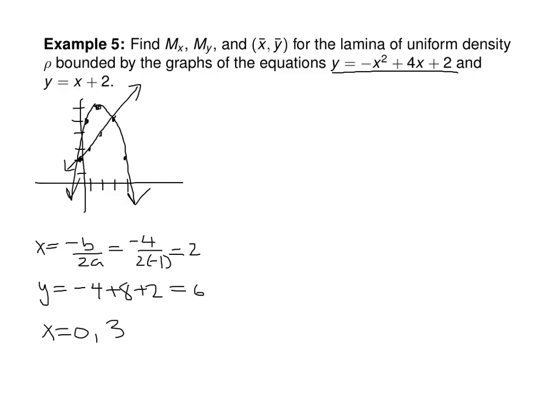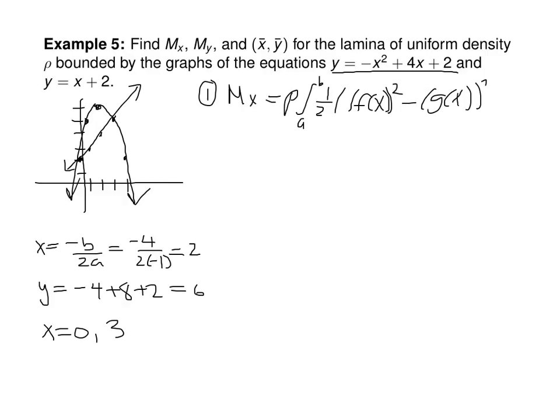Now first, let's find Mx. So Mx is equal to rho times the integral from a to b of 1/2 f of x quantity squared minus g of x quantity squared dx.